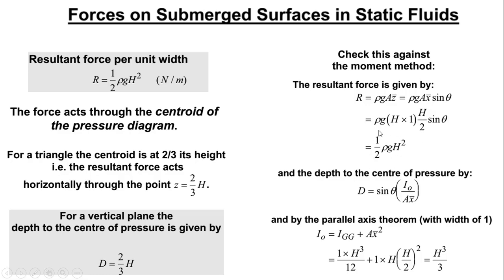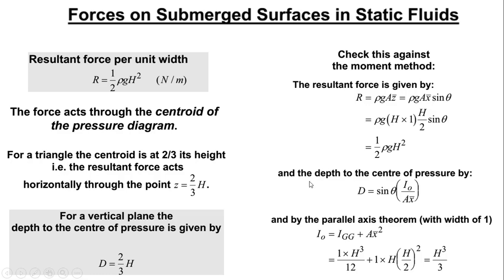We'll still get the same answer, which is equal to this part. But in this course, what we are going to use mostly is the moment method. For the pressure diagram, if you master it on your own, you can use it to answer the questions, but what we are going to use the most is the moment method.